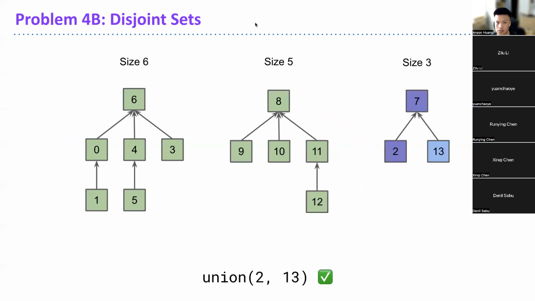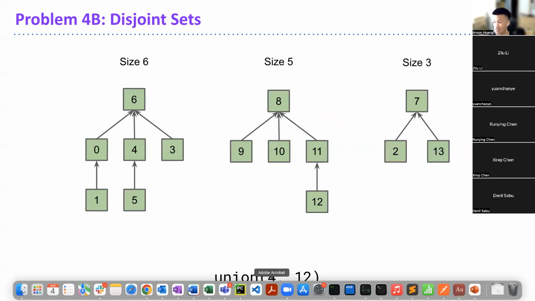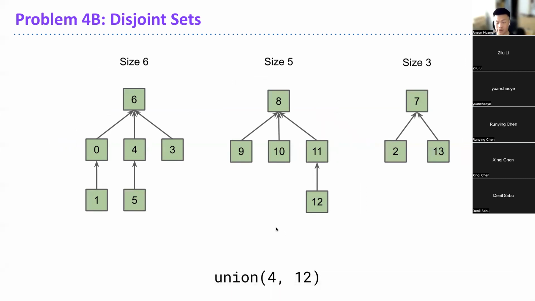Awesome. So this is what we have now. We started with 4, now we have 3 trees. Now let's union 4 and 12 together. So again, we follow that same process. First, we're going to find the set of both of the parameters. If we do find set on 4, we know that 4 is in the set 6. 6 is the representative right here on the left.